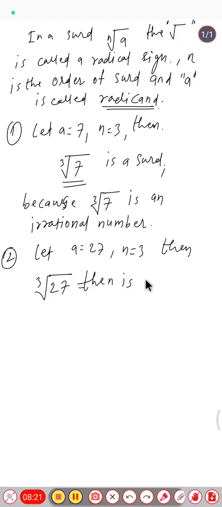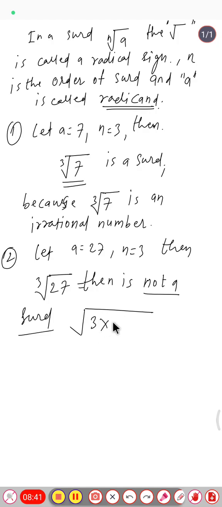Then it is not a surd, because you get 3 into 3 into 3, so the value is 3, and 3 is not an irrational number.